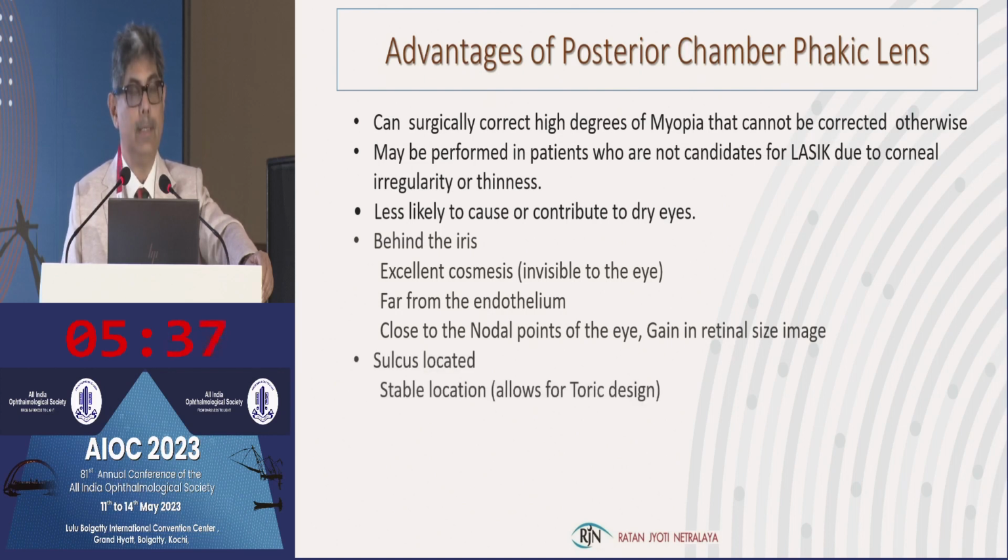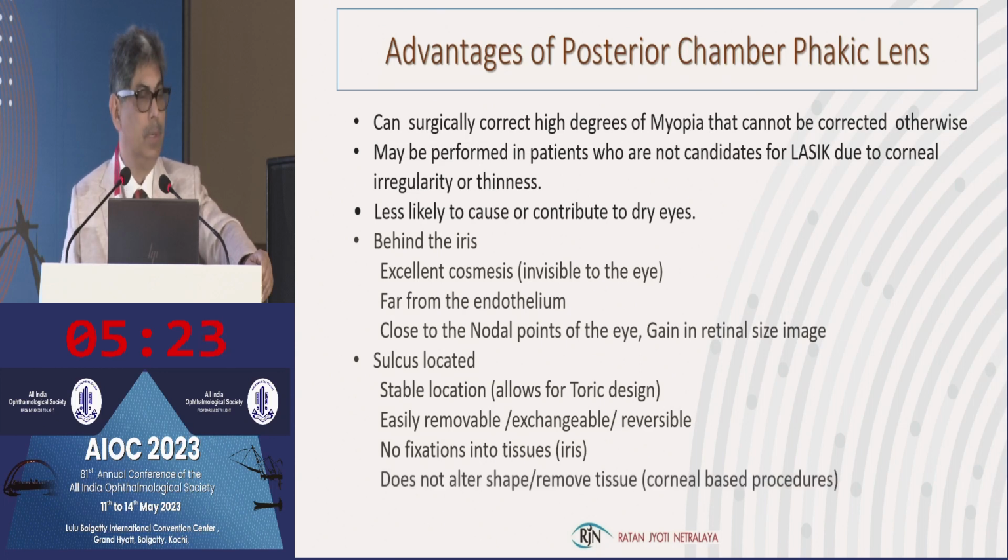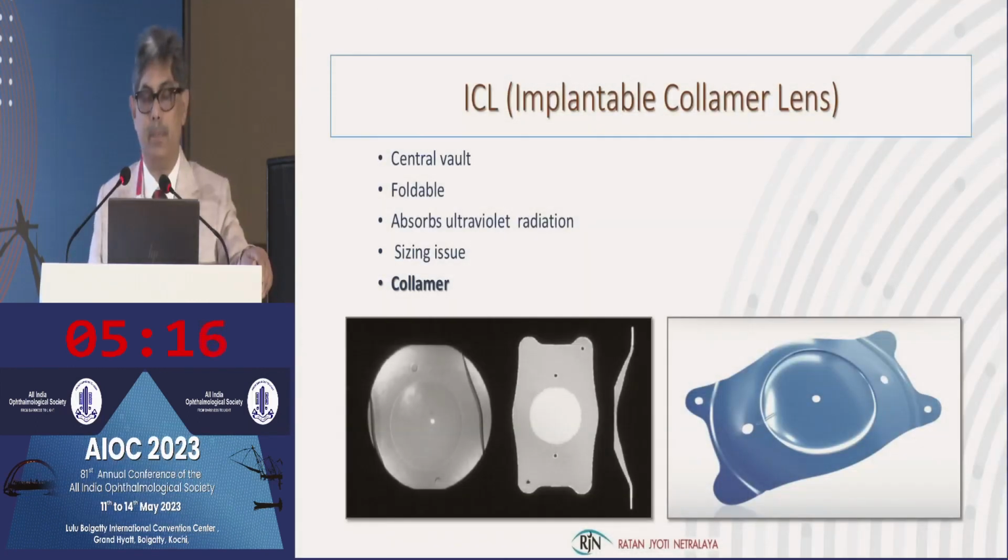Located in the sulcus, the stable location allows for toric design and it is easily removable. This is the most important thing, exchangeable or reversible, no fixation into tissues, and it does not alter shape or remove tissue and lead to corneal based problems.